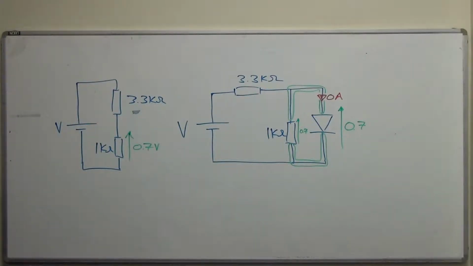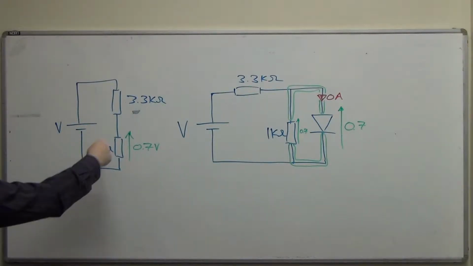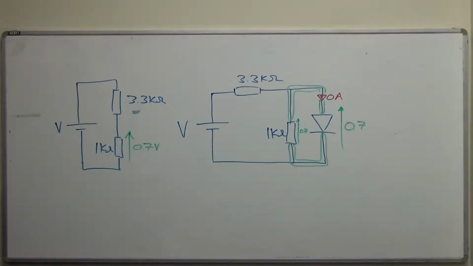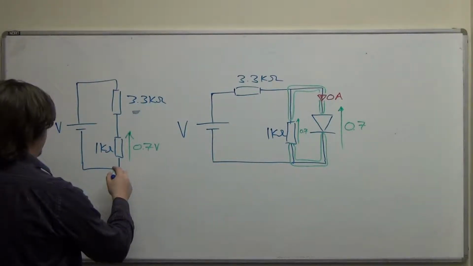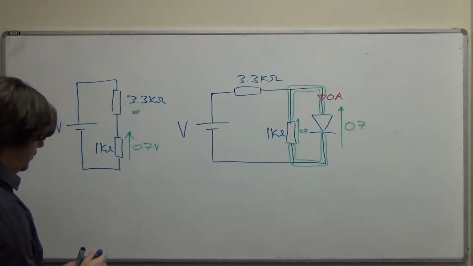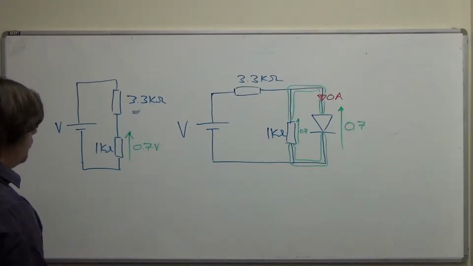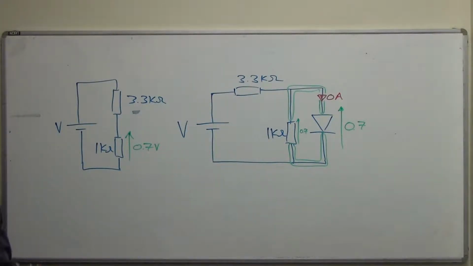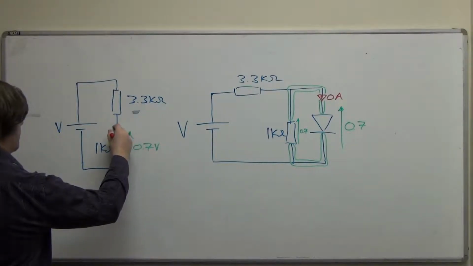What does V have to be? Well, overall I've got 4.3 kiloohms. Actually, we'll do it a bit slower than that. We'll work out the current that has to be flowing in this pathway.